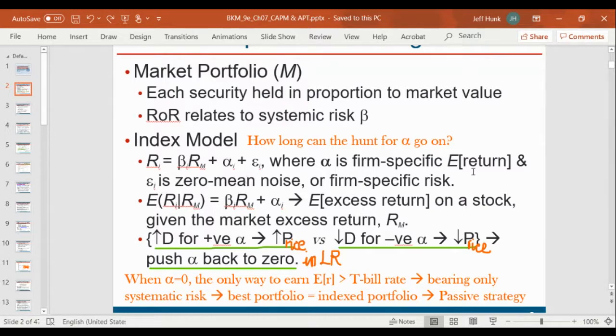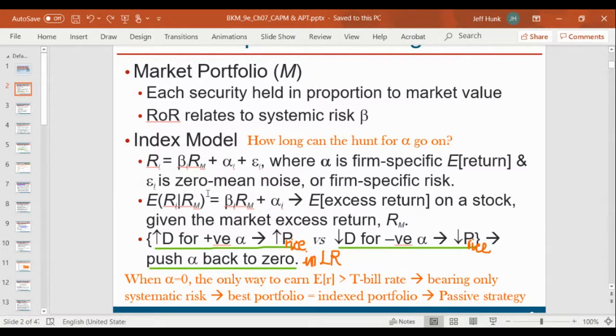And we already understand what the index model is. We know it as a firm-specific return, not excess return. RI is the excess return, RM is the market excess return, alpha is the abnormal return from the specific firm, and there is an error term, called epsilon or eta.